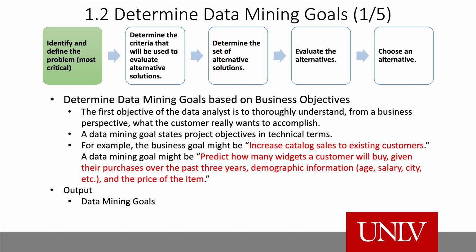And then the corresponding determining goal could be to predict how many products a customer will purchase based on their purchase history, demographics like age and income, and the price of the item. So this technical goal supports the business objective by producing predictive insight that helps understand and influence customers' behavior.